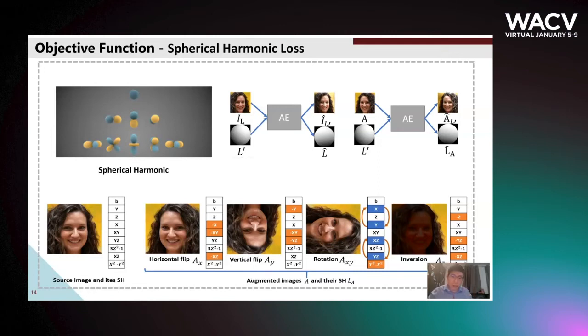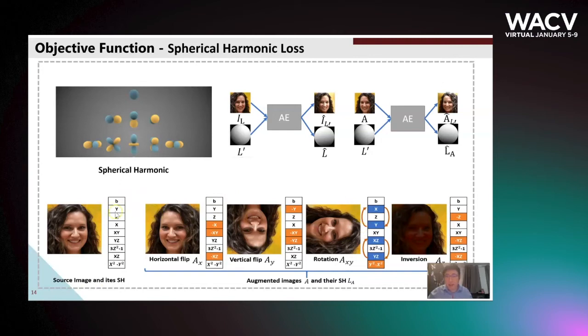We consider four kinds of augmentations. They are horizontal flips, vertical flips, and rotation inversions. These four kinds of augmentation will be passed through the autoencoder to get the estimated illumination embeddings. At the same time, the original image will be passed through the same network to get another illumination embedding. We compare these two embedding vectors based on one idea.